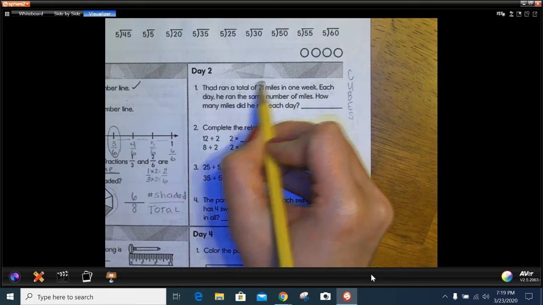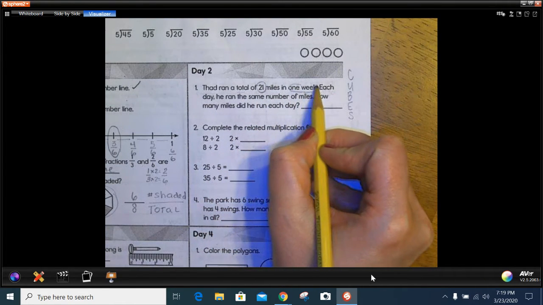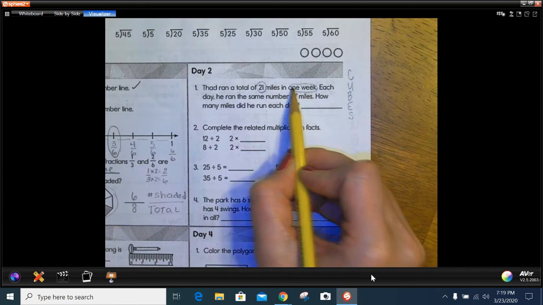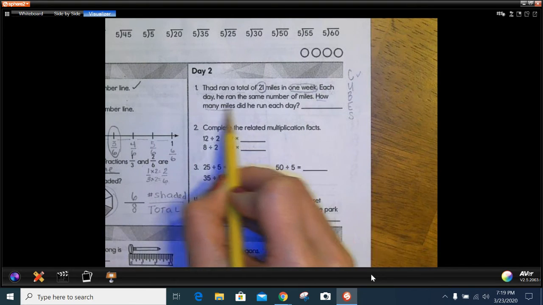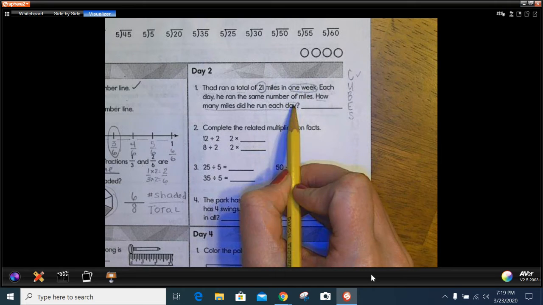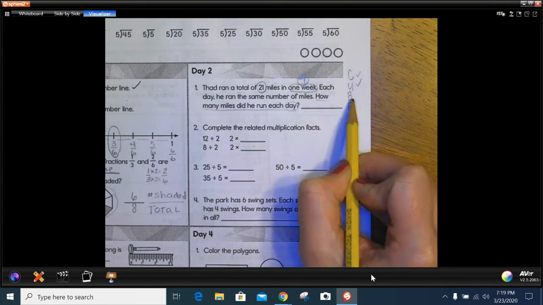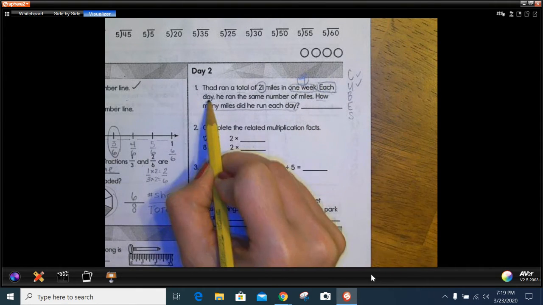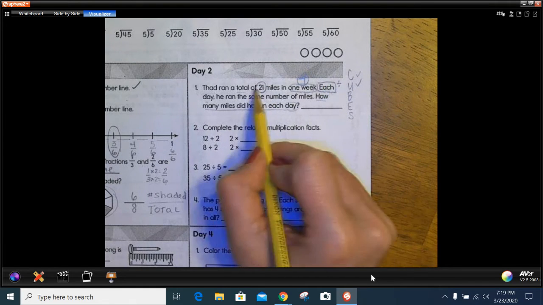So I know we have 21 miles in 1 week. Now, you didn't really tell us exactly another number there, but we know we have to look at that week. We're going to underline the question, how many miles did he run each day? So that's going to help us get our extra number here. 1 week is how many days? It's 7. Box our math action words, each day, so we need to divide that up because we aren't looking for the total.